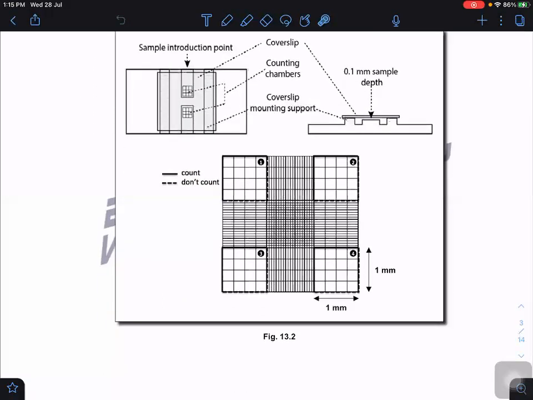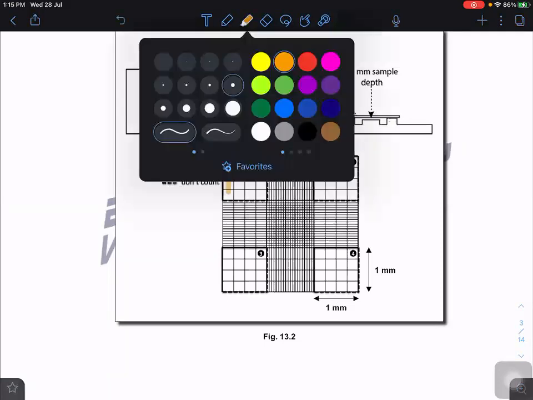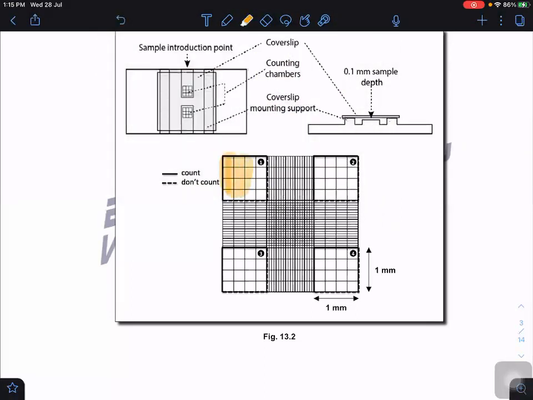For us, we're going to use this area: number 1, number 2, number 3, and number 4. And how do we count? We use an L shape. In this case, they use the top and left L shape.